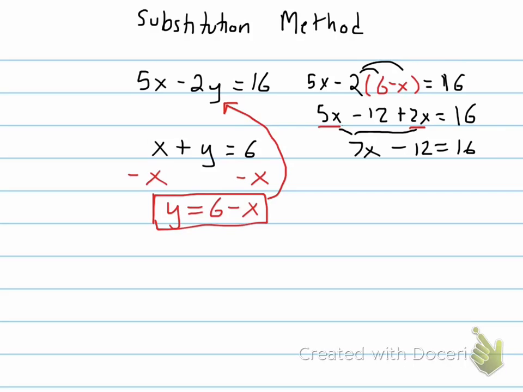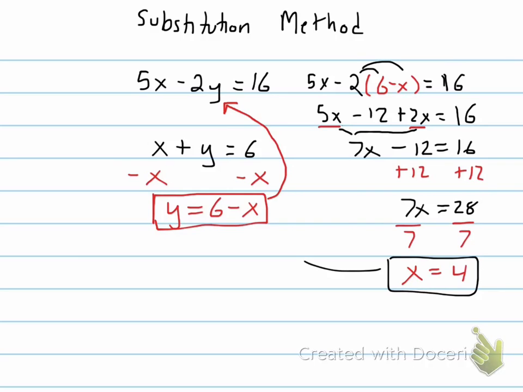Now I add 12 to both sides. And I get 7x equal to 28. And you know what to do from here. I divide by 7, and x equals 4. So if x equals 4, I go take this and plug it in there.